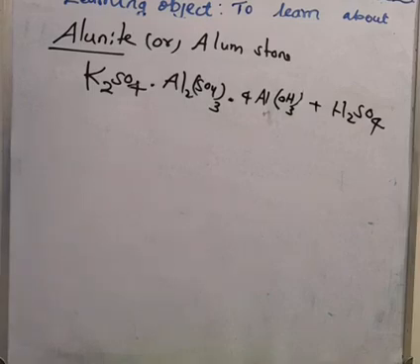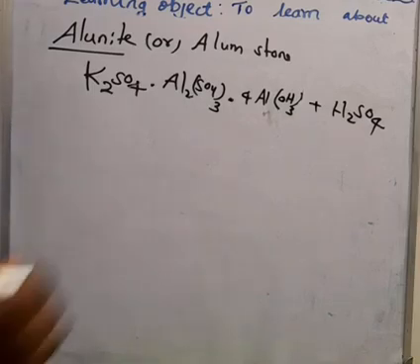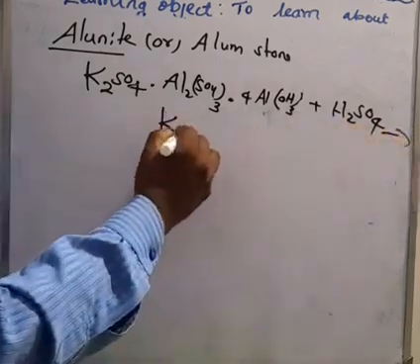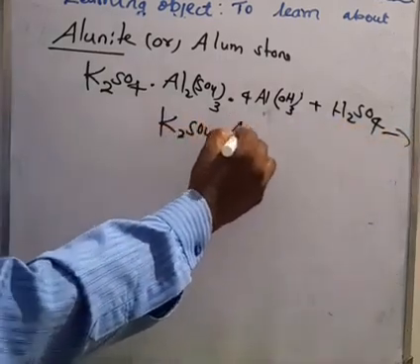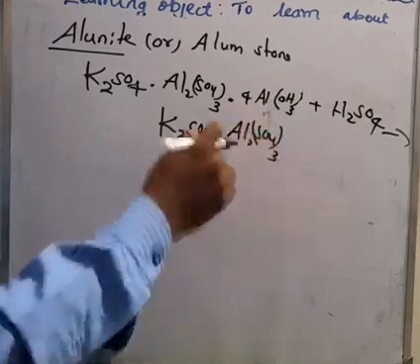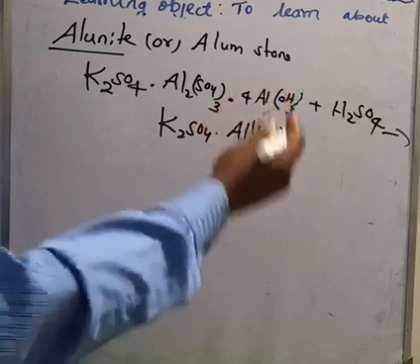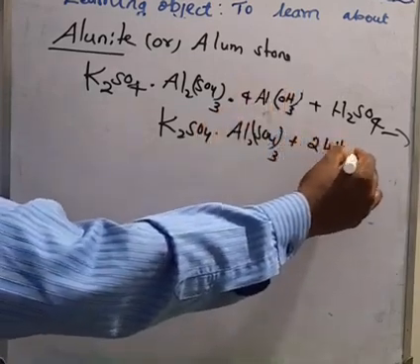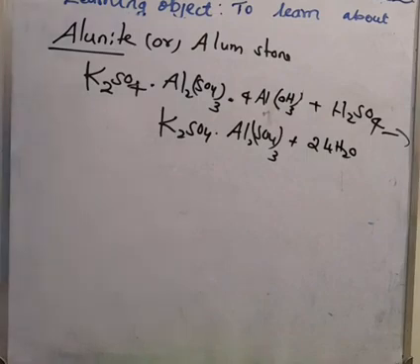So what do we get? K2SO4 plus Al2(SO4)3 plus Al2(SO4)3 plus water molecules. How much water? 12H2O. How can you solve this?